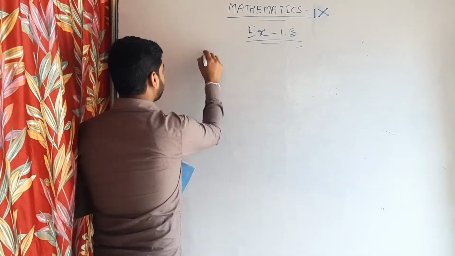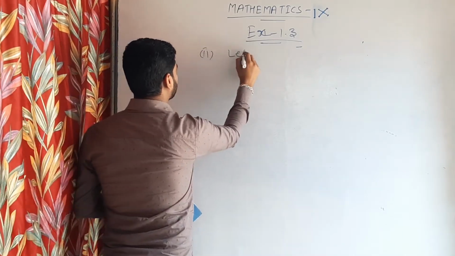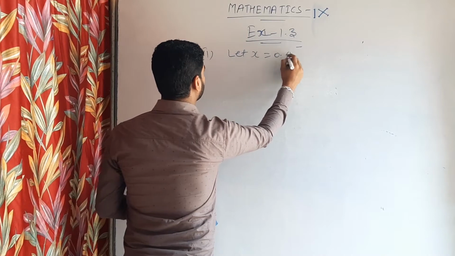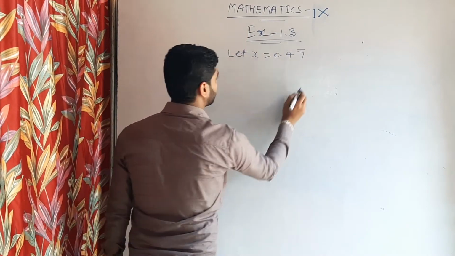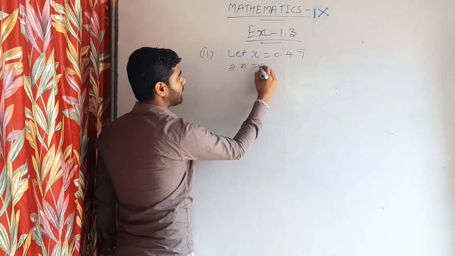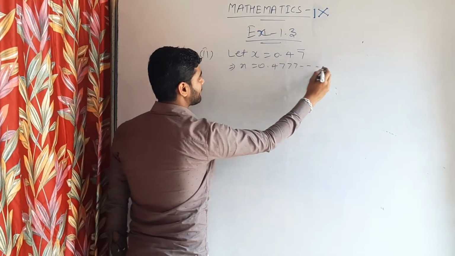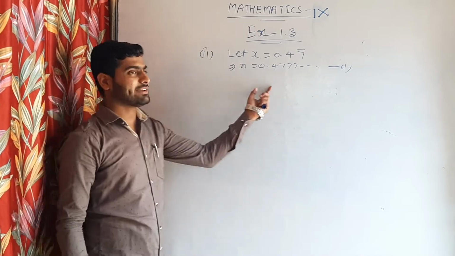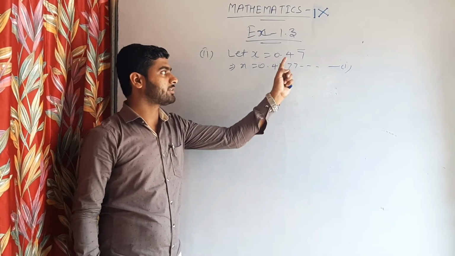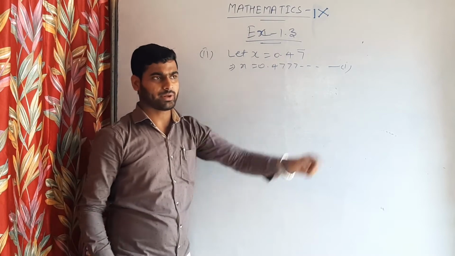Now the second question: let x equal to 0.47 with 7 recurring. So we write x equal to 0.4777, equation first. Firstly we see how many digits have no recurring. There is one digit on which recurring is not placed.